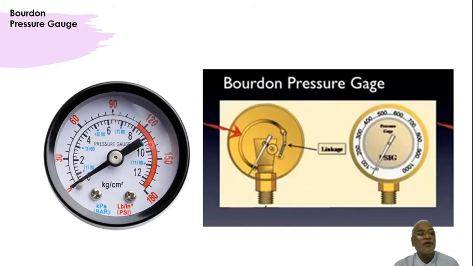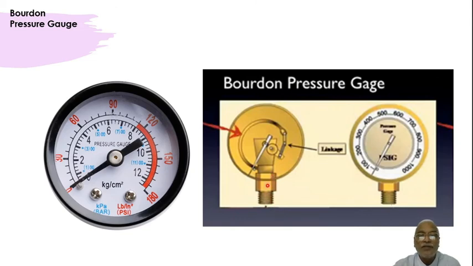Now what is this gauge? Actually this is the front view of that. Here both the front and back views are given. The front view is the dial gauge with a needle, but if you just remove this dial, what is inside is like this. This is the pipe which connects to a point where pressure is to be measured.